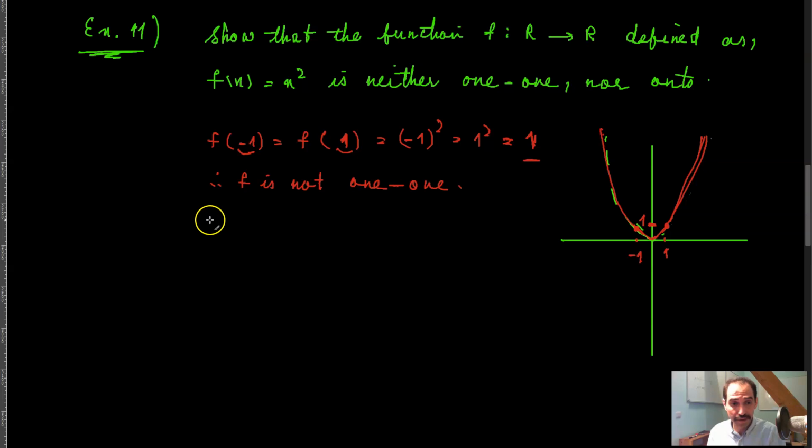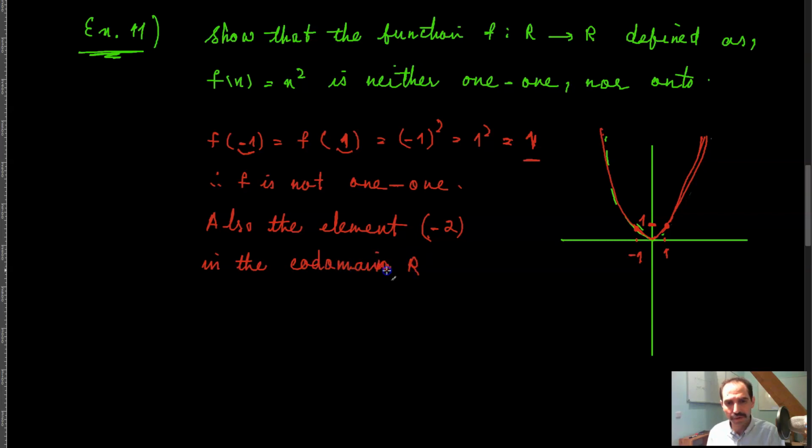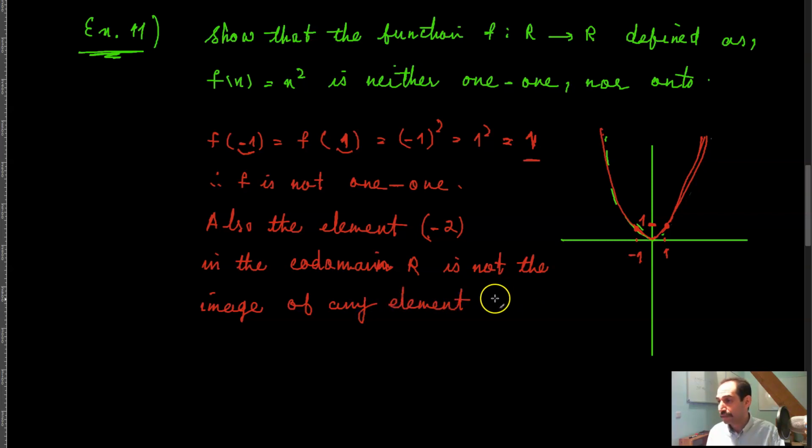So the element negative 2 in the codomain R is not the image of any element x in the domain R.